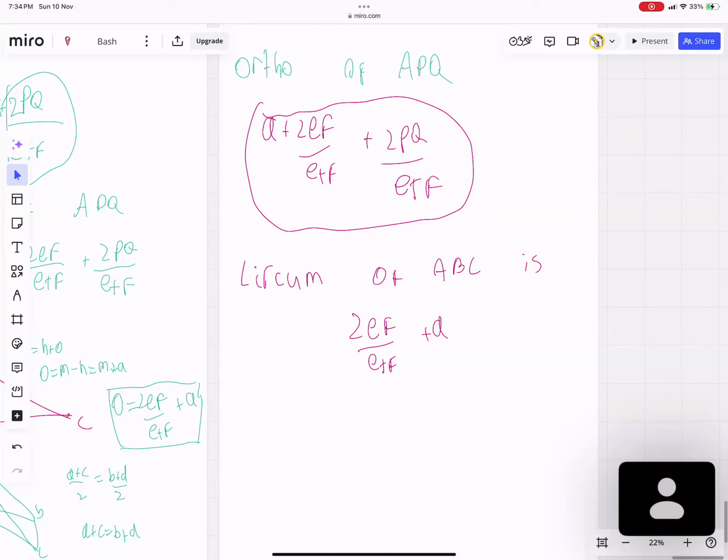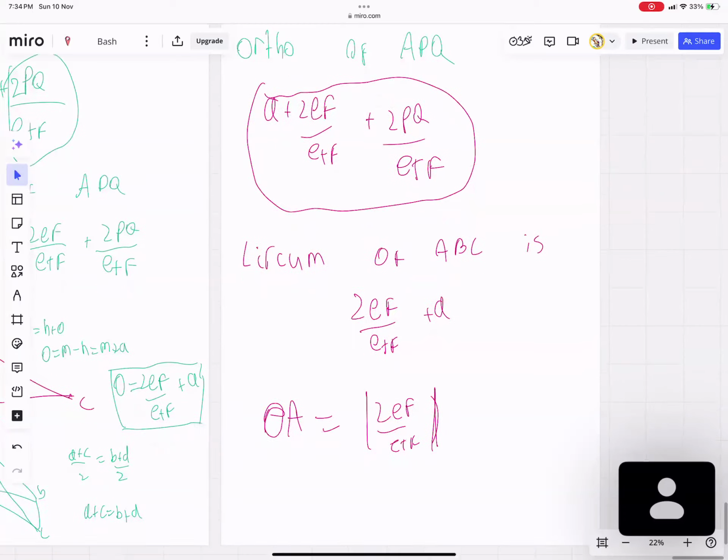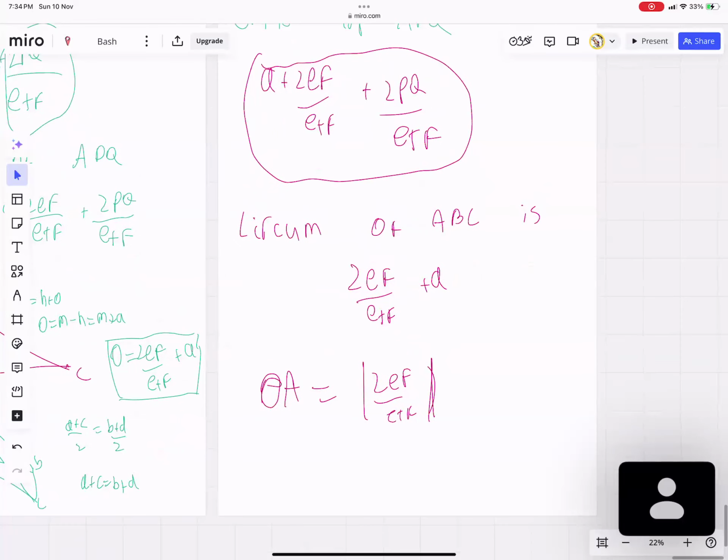Yes, that's what we want to prove. So the length OA is equal to the magnitude of 2EF by (E plus F), right? Yes. And the reason this is the case, since this is O, the magnitude of the length OA is equal to the magnitude of O minus A, which is 2EF by (E plus F).